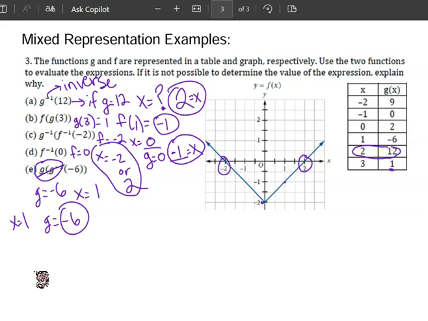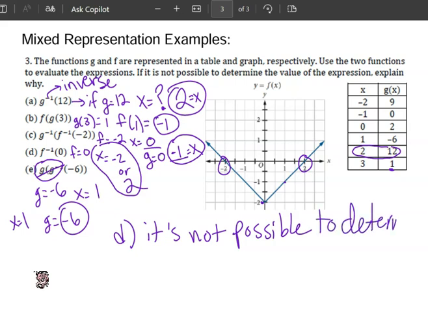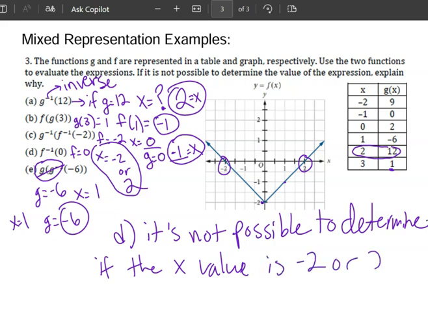Now on part D, you would not be able to determine which one it is out of -2 or +2, since they both have the same output value.